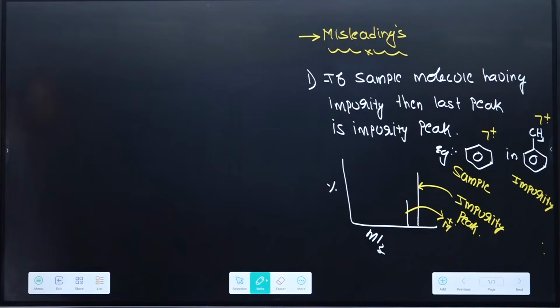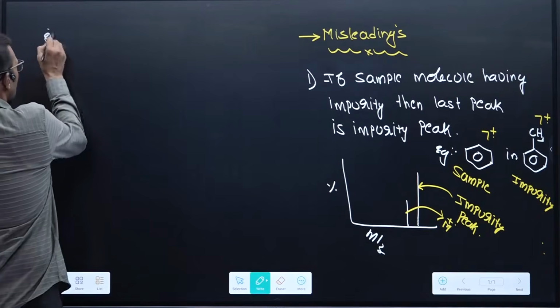If the sample molecule has any impurity, the last peak appears as an impurity peak, it is not a molecular ion peak.